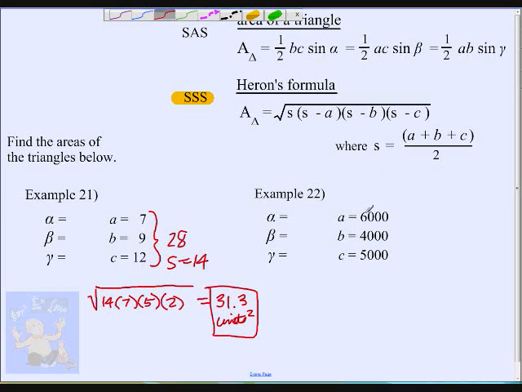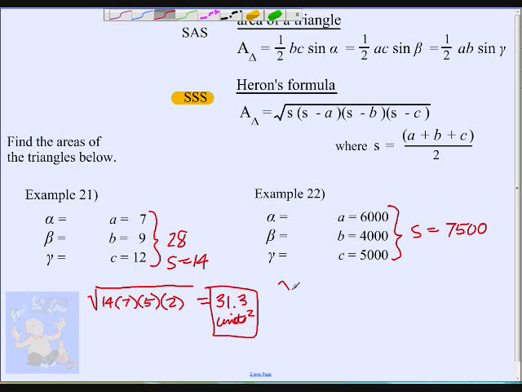On this one, what will the semi-perimeter be for this? Well, the perimeter would be equal to 15,000, wouldn't it? So half of 15,000 is 7,500.